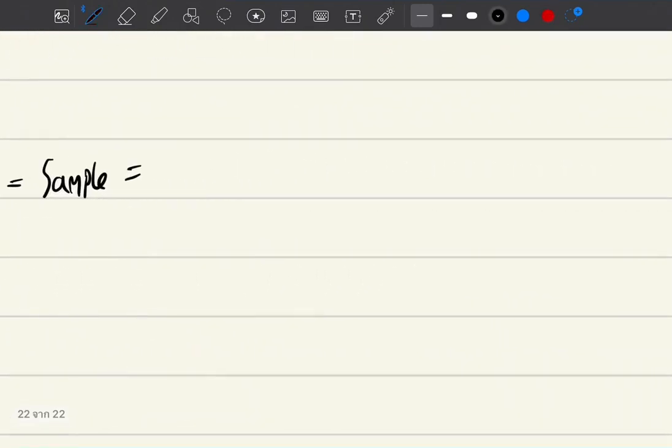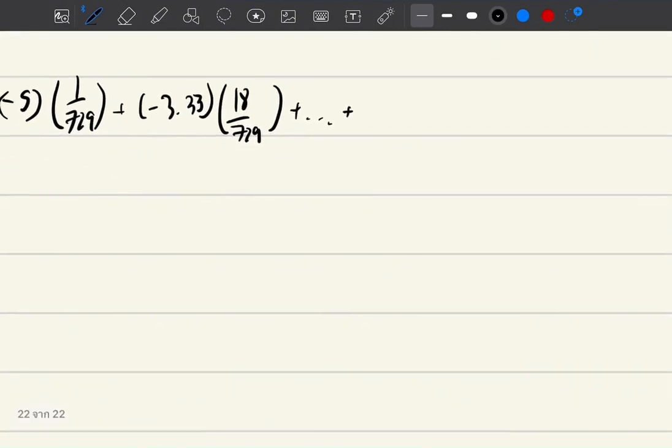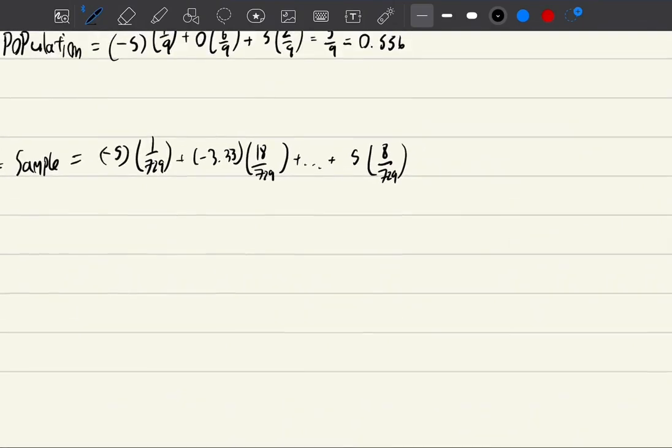So it's going to be negative 5 times 1 over 729 plus negative 3.33 times 18 over 729, and so on until we reach 5 times 8 divided by 729. If you use a calculator, it will equal 0.556.